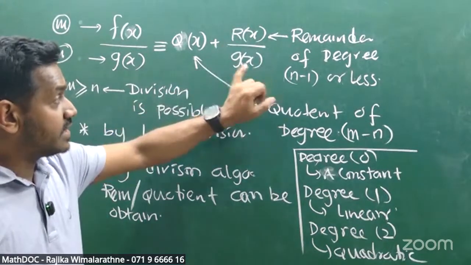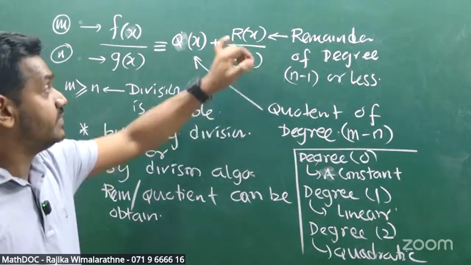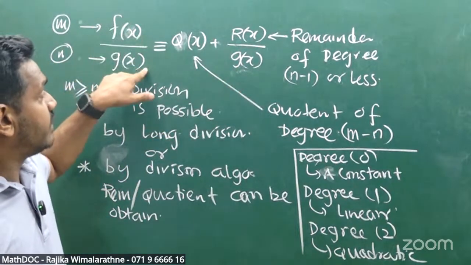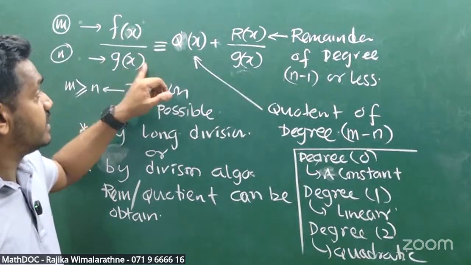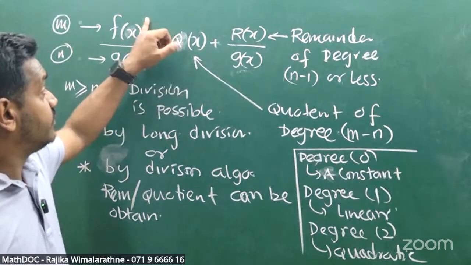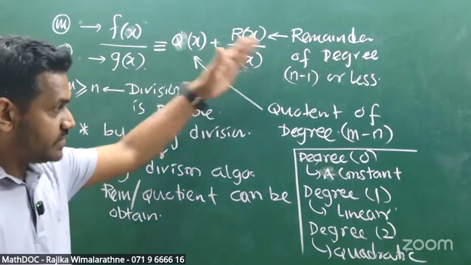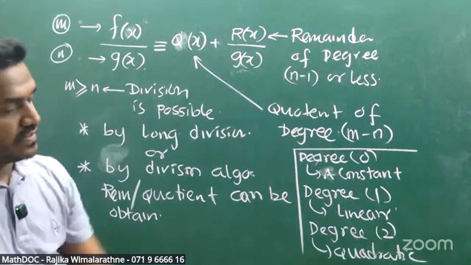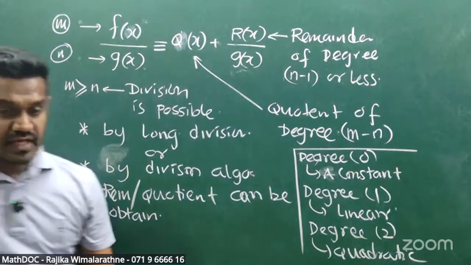If we have a quadratic relation, it will be linear. If we have a cubic relation, it will be quadratic, and so on. Degree 4 divided by degree 1, 4 minus 1, degree 3. Degree 4 by degree 2, 4 minus 2, degree 2. Degree 5 by degree 3, 5 minus 3, degree 2, quadratic relation. So here is the concept. Better to put that one as well. So that is our summary.